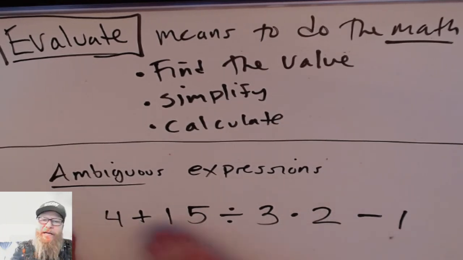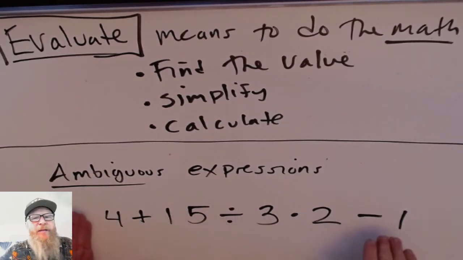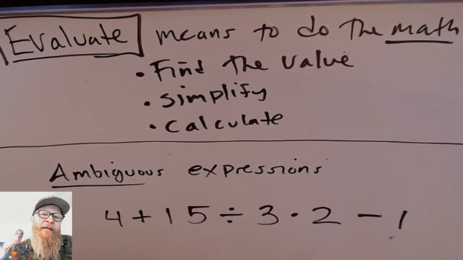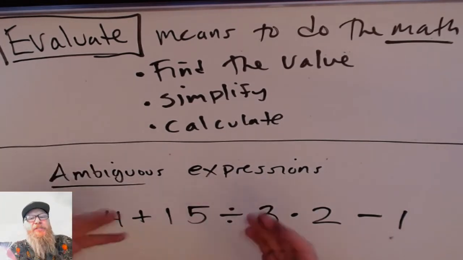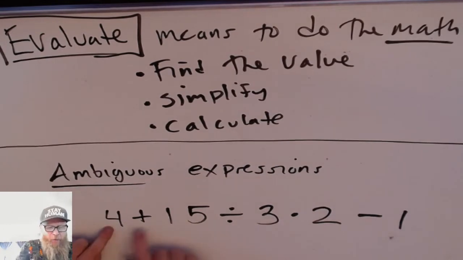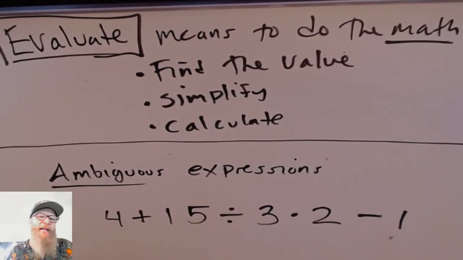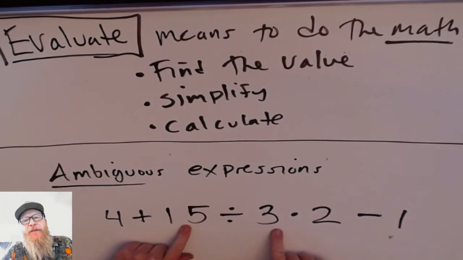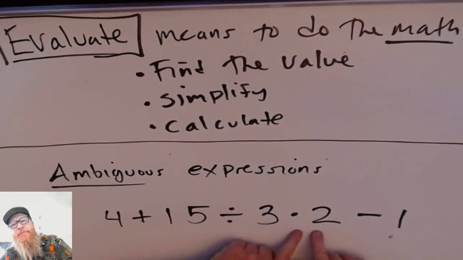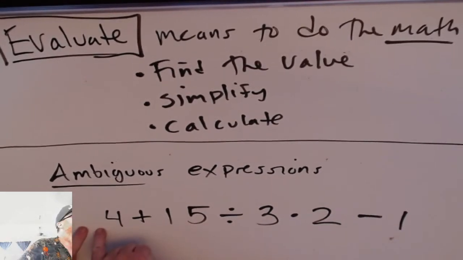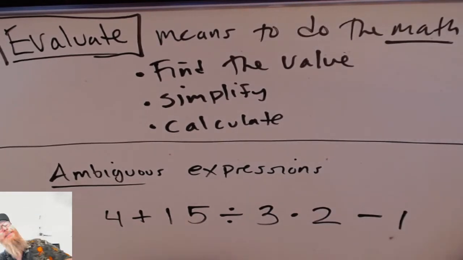So when we read an expression, sometimes we read it from left to right because that's just the way we read. And so it appears as if this statement is saying 4 plus 15 divided by 3 times 2 minus 1, but that's not at all what this is saying. This problem actually says 15 divided by 3, then times 2, then plus 4, then minus 1.